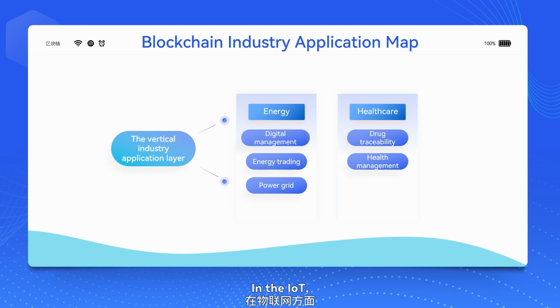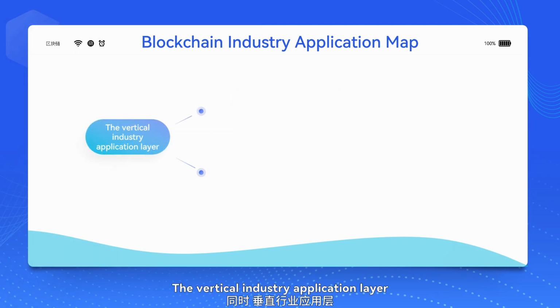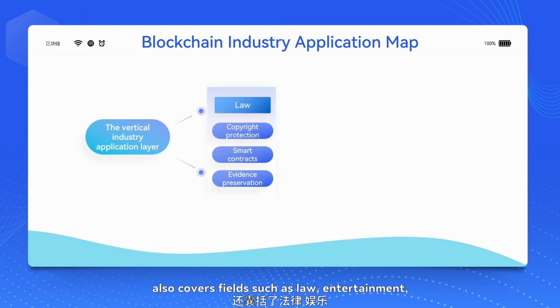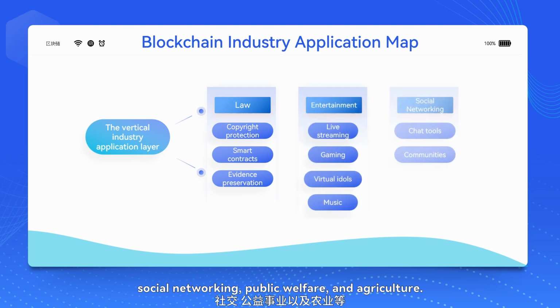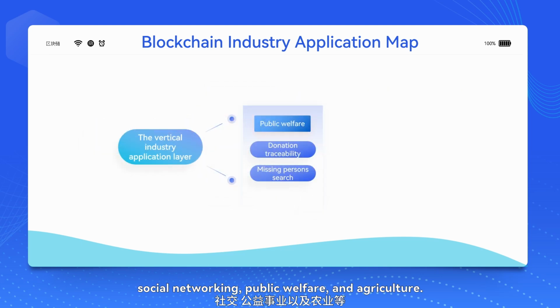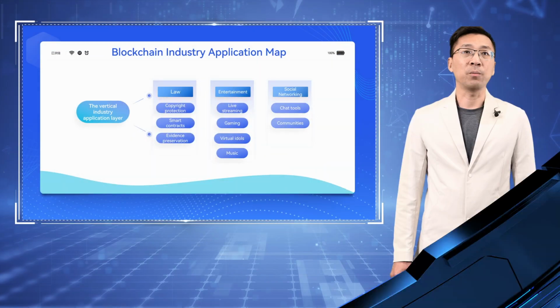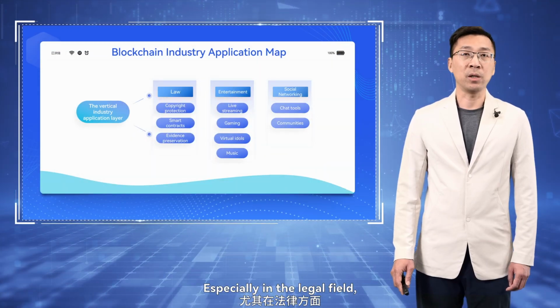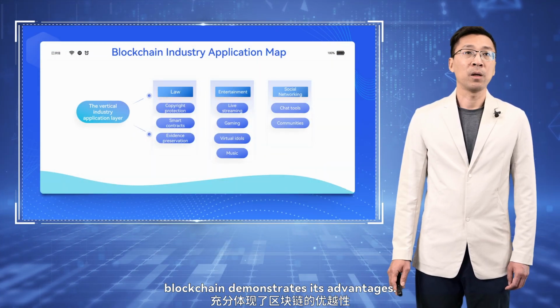In the IoT, blockchain applications are particularly widespread. The vertical industry application layer also covers fields such as law, entertainment, social networking, public welfare, and agriculture. Especially in the legal field, blockchain demonstrates its advantages.